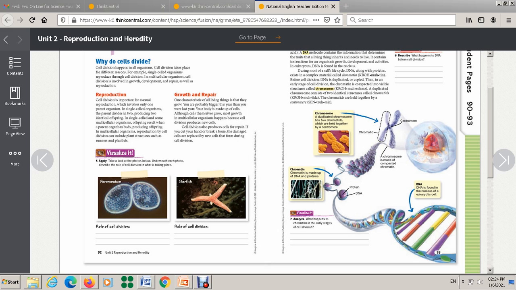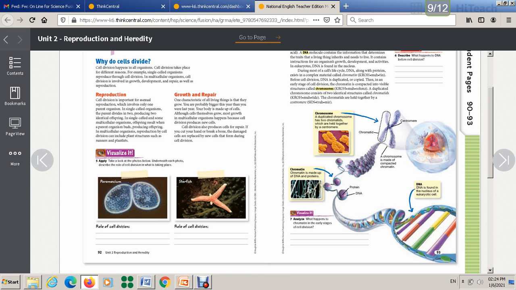It will copy and make an X-like structure. All of the X-shaped structure is called what? Chromosome. And one part of it is called a chromatid. These are two sister chromatids, and they are connected together in the middle by what? The centromere.